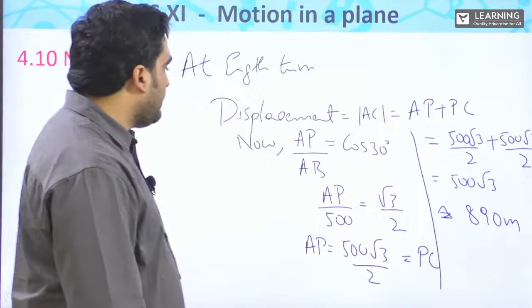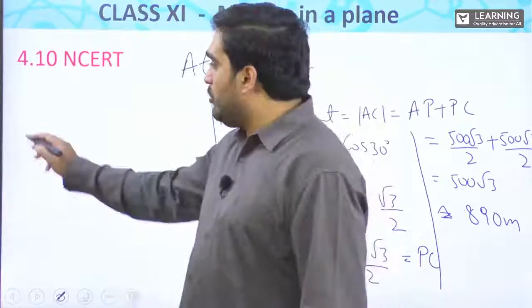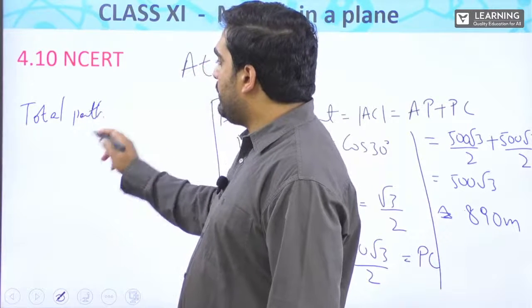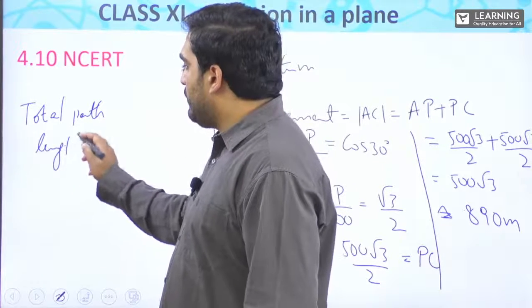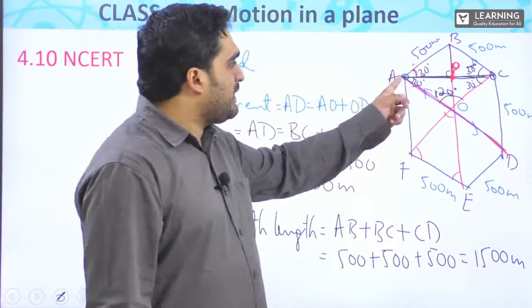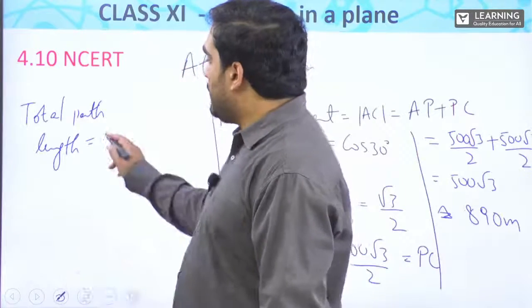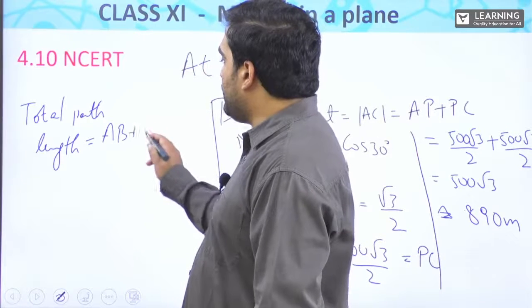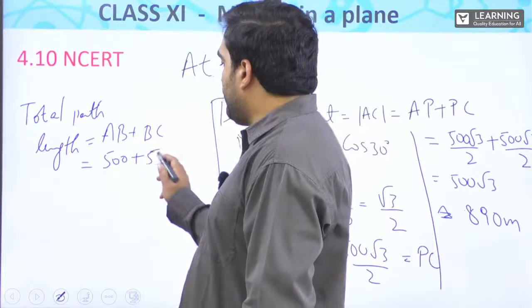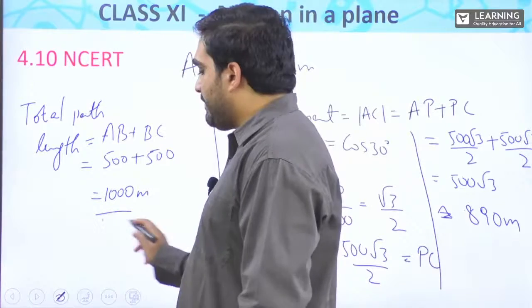Also, we need to find the total path length, which I'll write here. Total path length, which is equal to, have a look at this, total path length from A to C, AB plus BC, whose each length is 500, which is equal to 1000 meters.